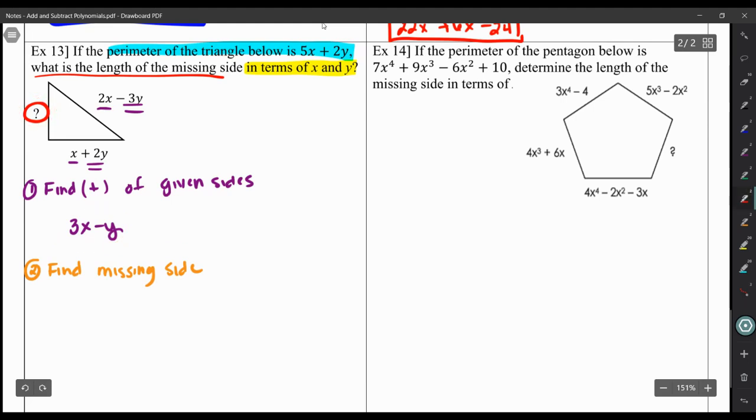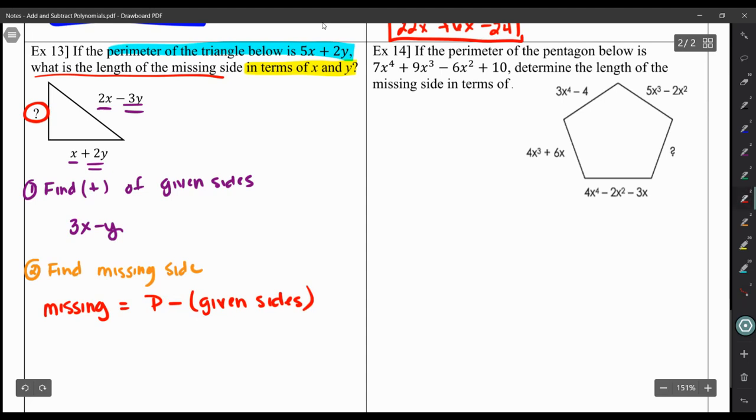So basically, the missing side will equal the perimeter minus the given sides. Now notice I put given sides in parentheses because we have to subtract all of this. So you need to make sure when you do this subtraction, you have the given sides in parentheses so that we remember to distribute out the negative sign in the front.